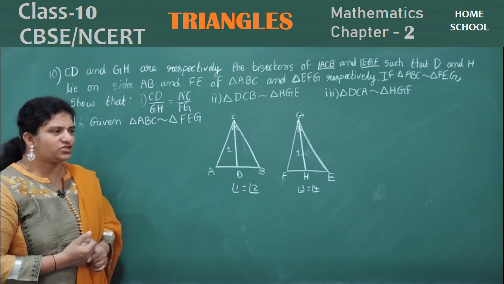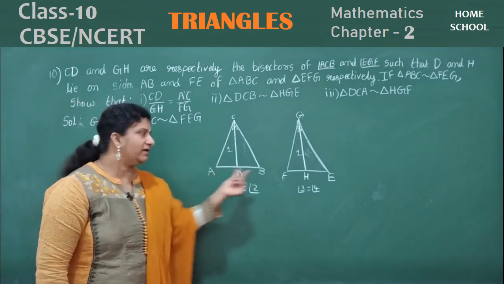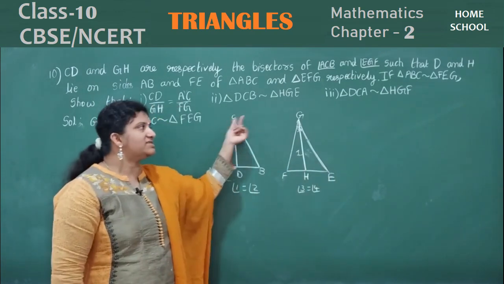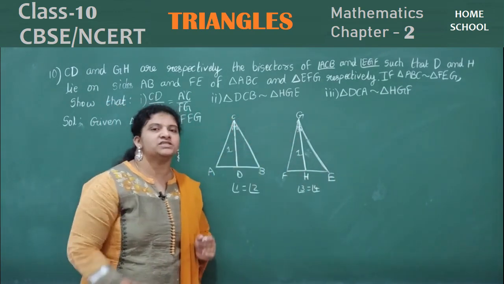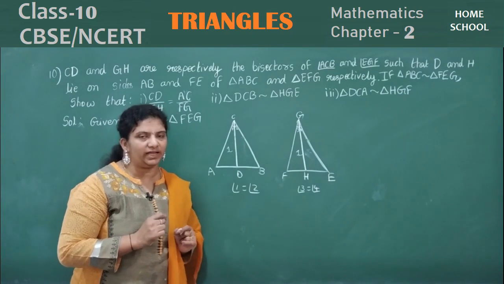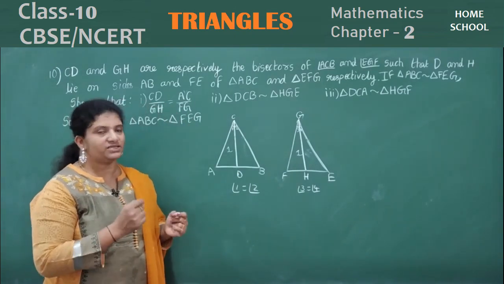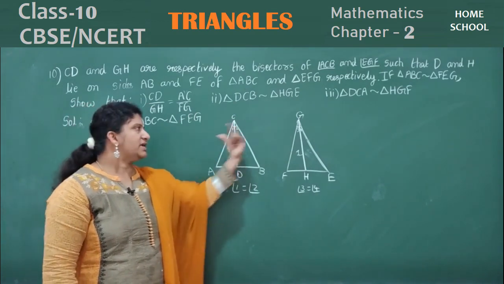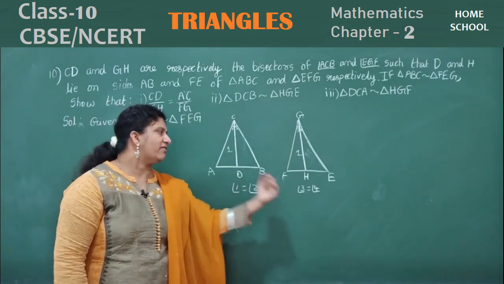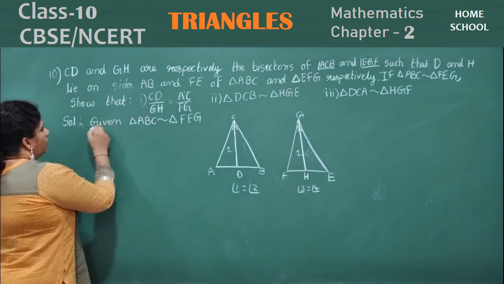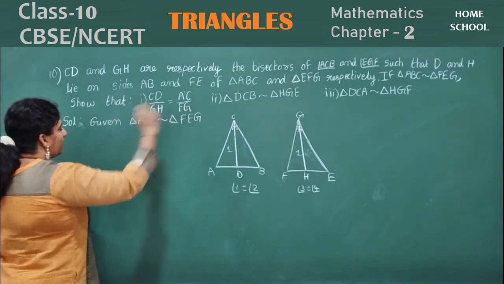Angle A equals angle F, angle B equals angle E, angle C equals angle G. Corresponding angles are equal. Immediately on reading that similarity, you should get this. And one more: AC by GF, AB by FE and BC by EG are in proportion. What to prove? You write this line in the step.